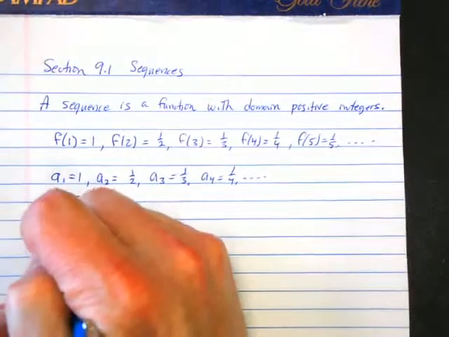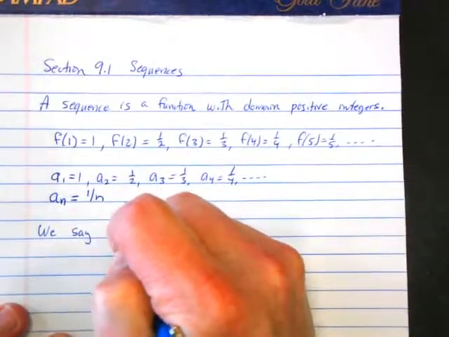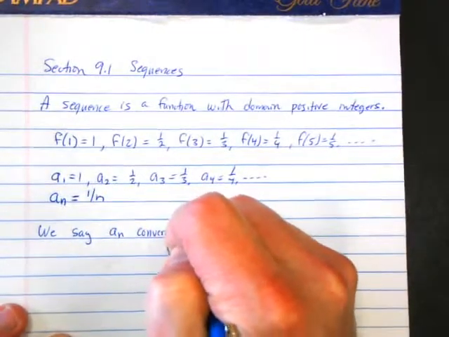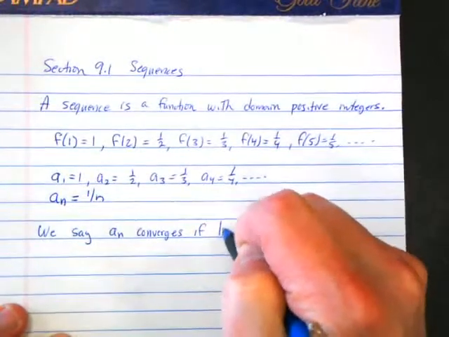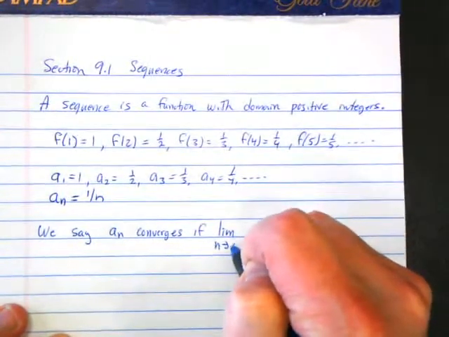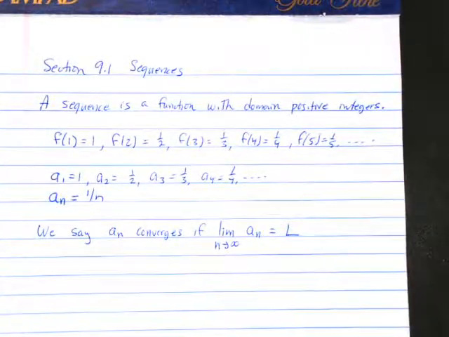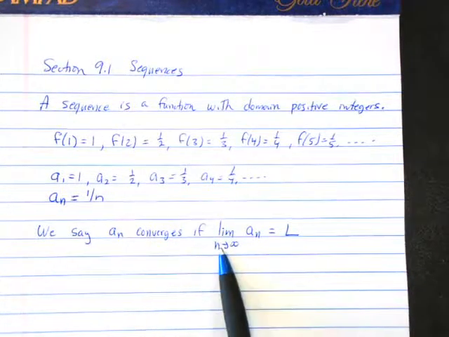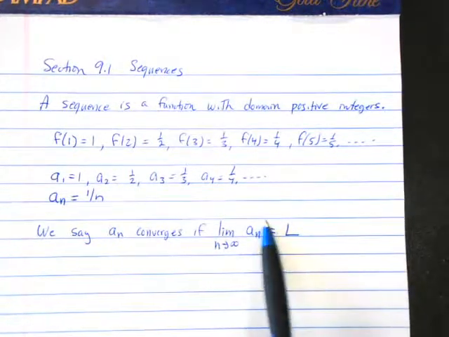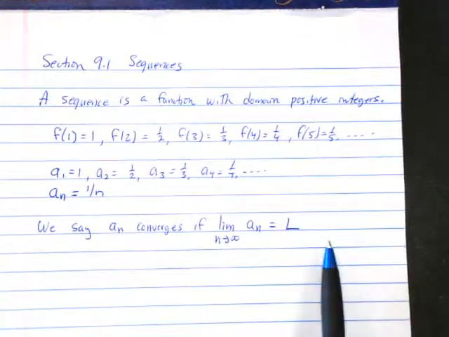We say a sub n converges if the limit as n goes to infinity of a sub n equals some number L. So when you said we're looking for an asymptote, that's exactly correct. We say a sub n converges if it has a horizontal asymptote. Only horizontal? Only horizontal. Because n is our x values, so a sub n is our y value. So we're looking for a horizontal asymptote, not a vertical asymptote in this case.